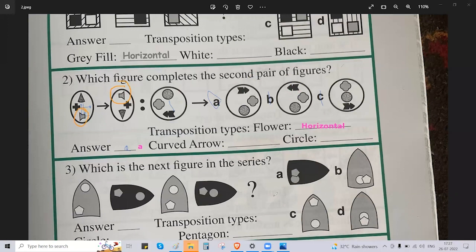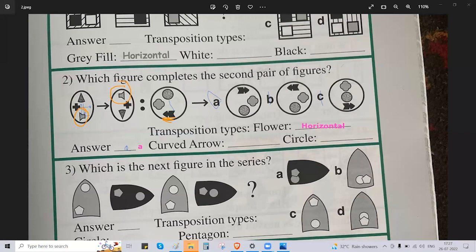The change I see in these two shapes is that if you put it on a mirror, it actually is horizontal. Exactly. So the transposition type here is vertical and the arrow has been flipped, isn't it? Oh yeah, it's just gone up and then it's been flipped.